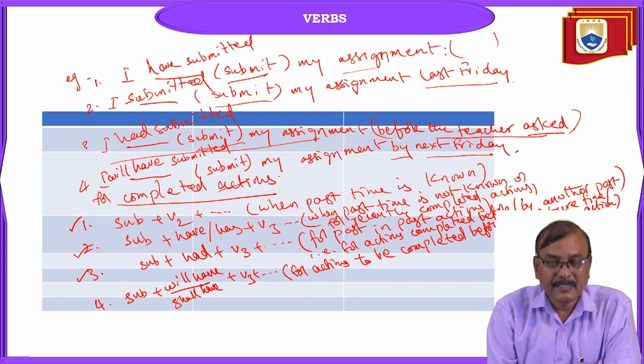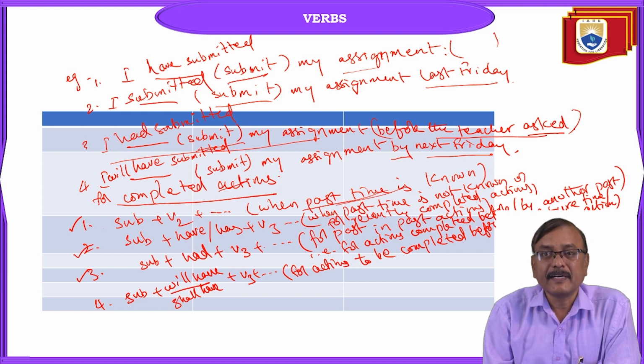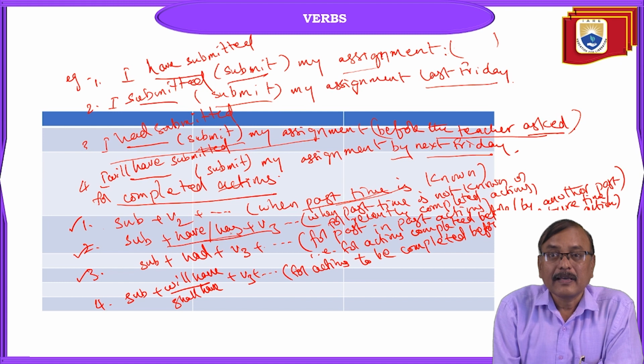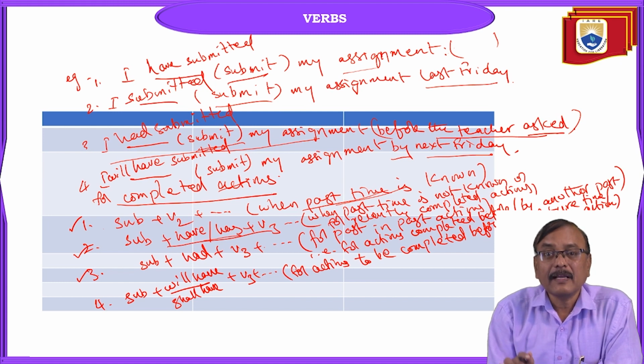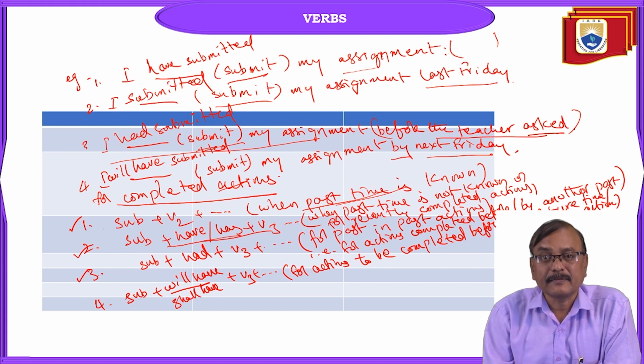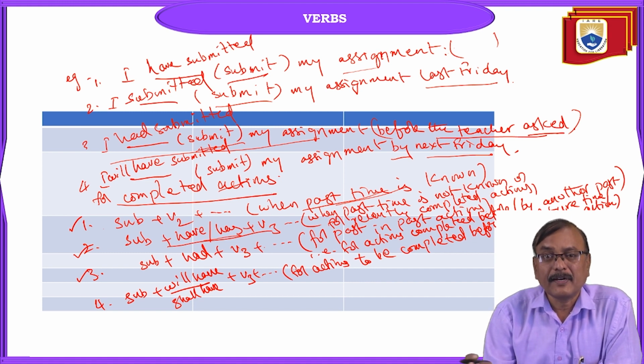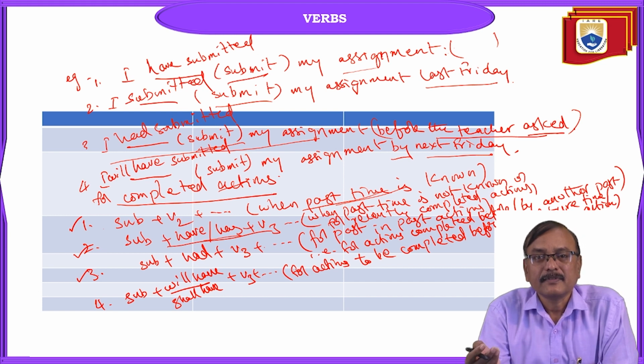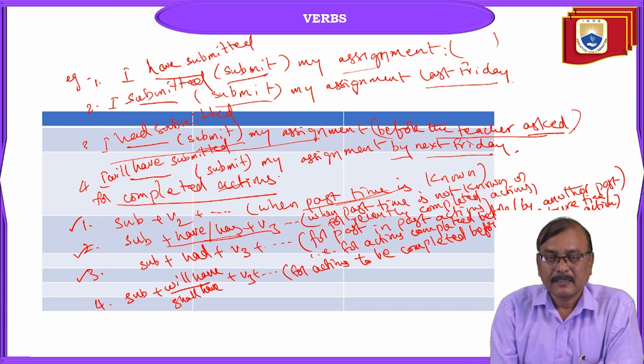But what is the difference? For the first one, we know the past time when it is completed. For the second one, we don't know the past time when it is completed, or it is recently completed, just before present, just now, recently, today, this month.